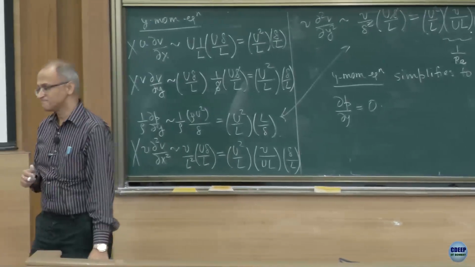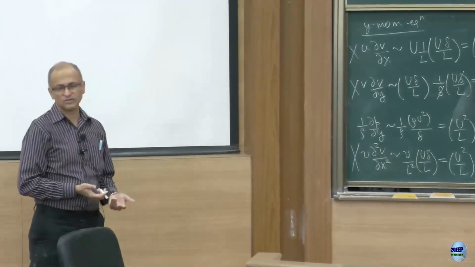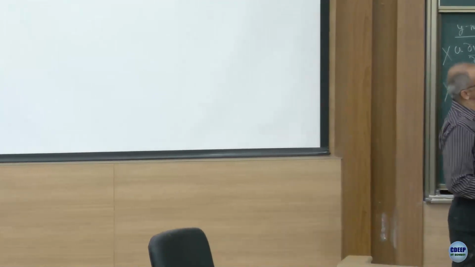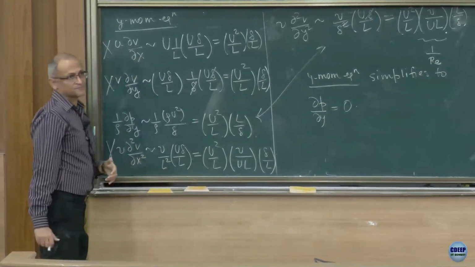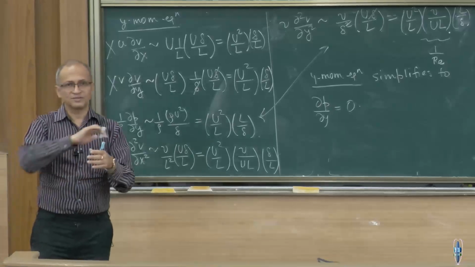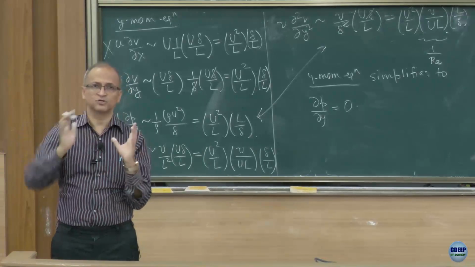Here, are you making an assumption of high Reynolds number? Yes, this is at reasonably high Reynolds number. We are looking at the flow where the Reynolds number is high. In the inviscid flow, we said the viscous terms can be totally dropped off.